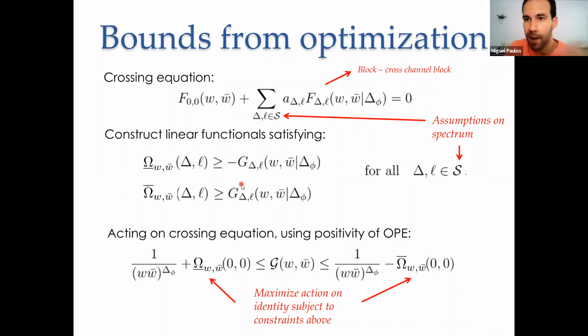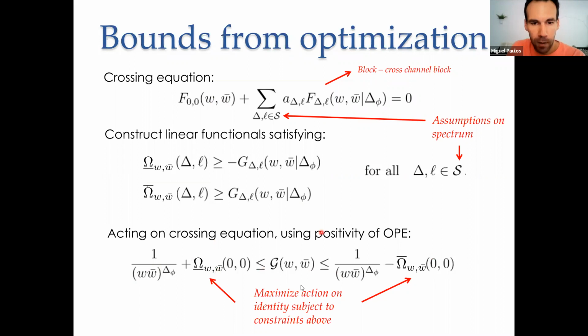Minimizing or maximizing the correlator is simply an optimization problem for the OPE density, where the OPE coefficients are weighted by the conformal blocks. In the dual picture of the functional, the constraints look like this. It's very easy to see that if you take a functional satisfying these constraints and act on the crossing equation, you get bounds that look like this. Okay, so this is the identity, which we had to separate.